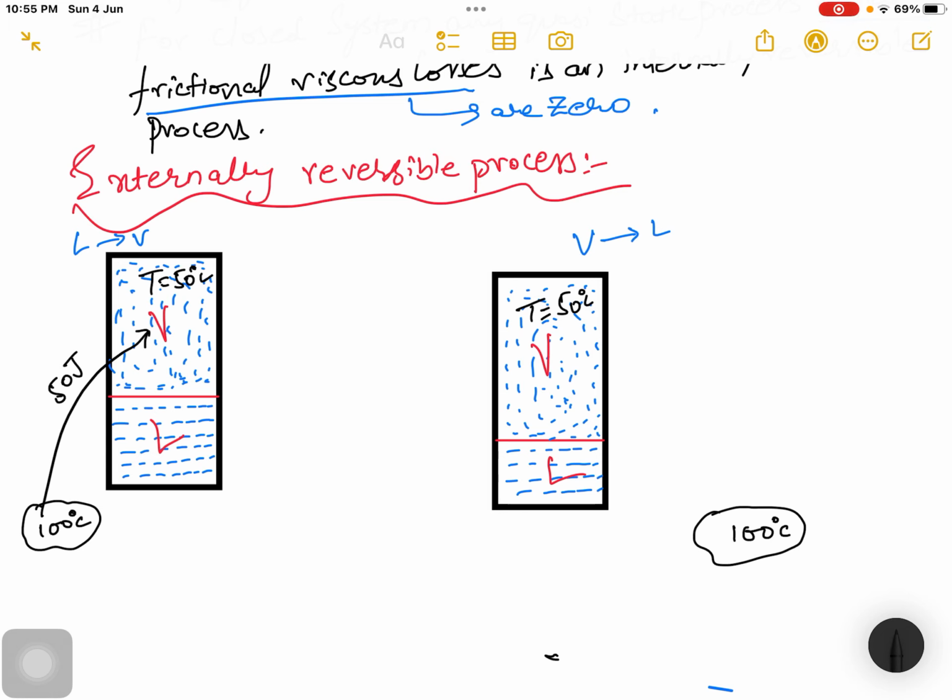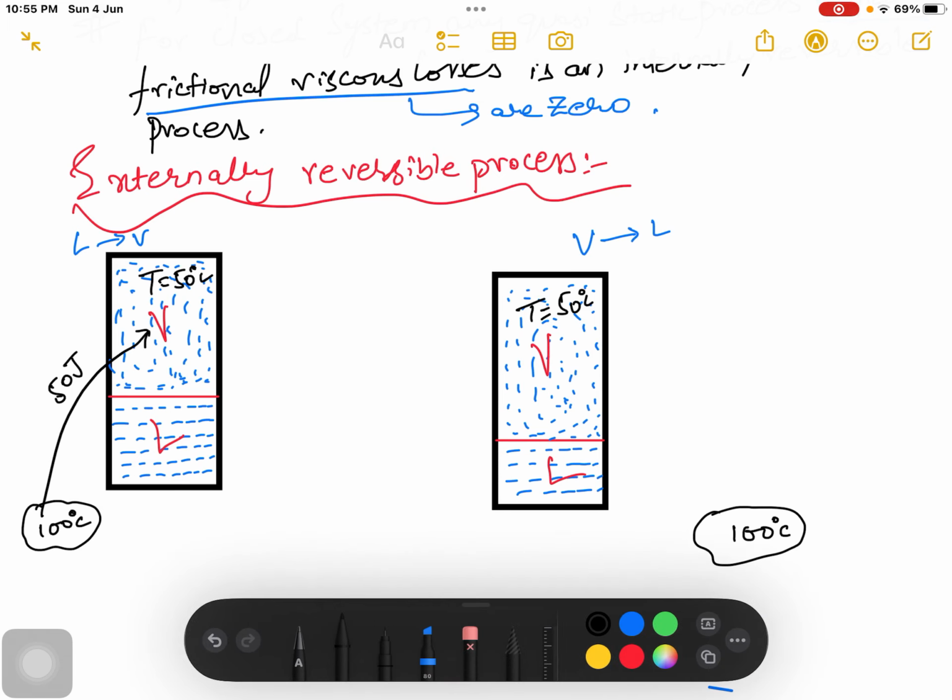Again, to convert this vapor into liquid, I have to extract the heat to the surrounding, but it is not going to happen automatically because the surrounding temperature is 100 degrees centigrade and the container temperature is 50 degrees centigrade.